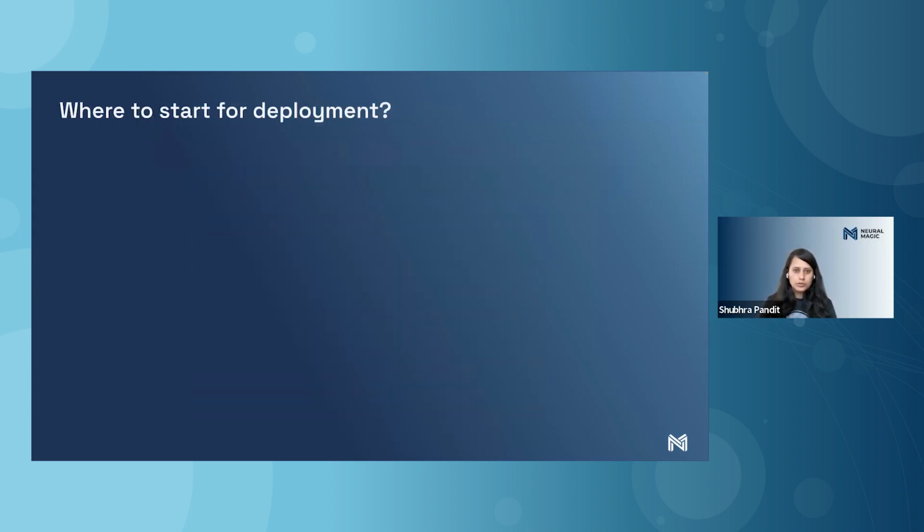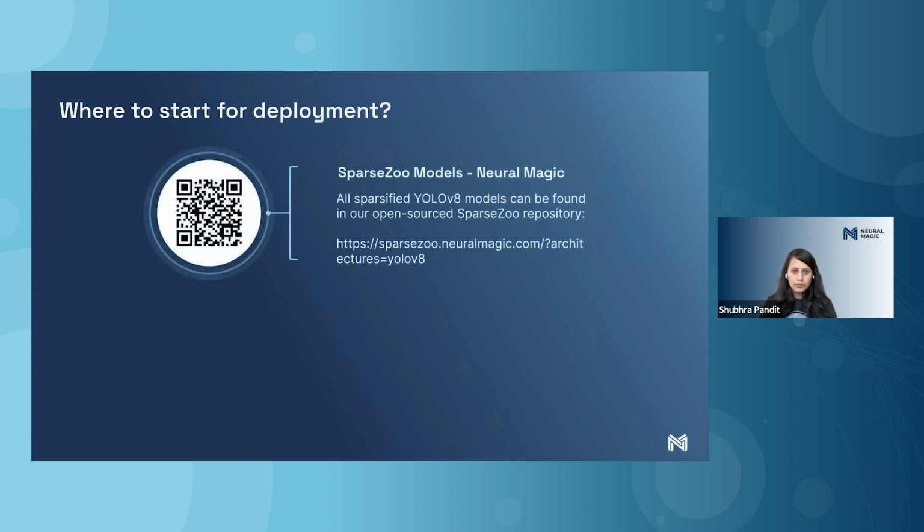So how would you really deploy something that you have? We've been talking about our open source repository. What we call our open source repository is SparseZoo, and here's a link to that repository. It has a lot of sparse models pre-trained on datasets ready for you to fine-tune.